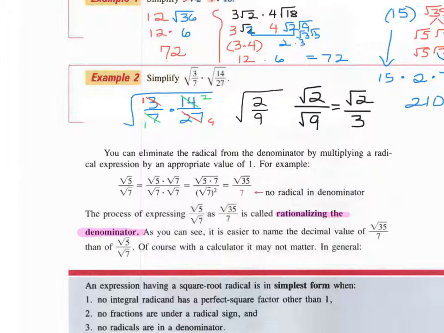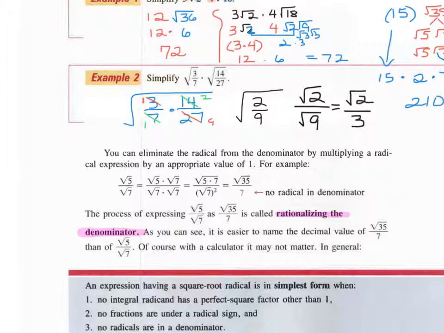And in order to get rid of it, we're going to rationalize it. Now, in the example I just did, we did not have a radical left in the denominator because 9 was a perfect square. And once I square rooted it, the 9 came out of the radical and I was left with a 3. You can have a whole number in the bottom of your fraction, but not a radical symbol.